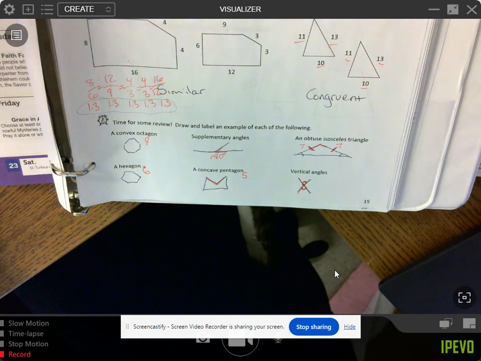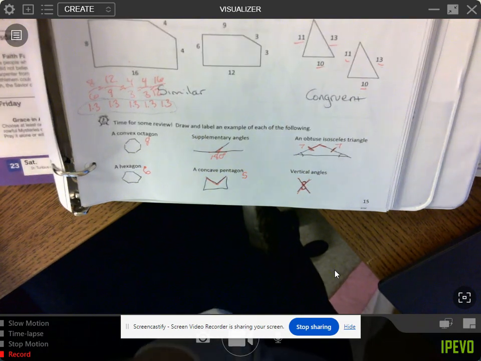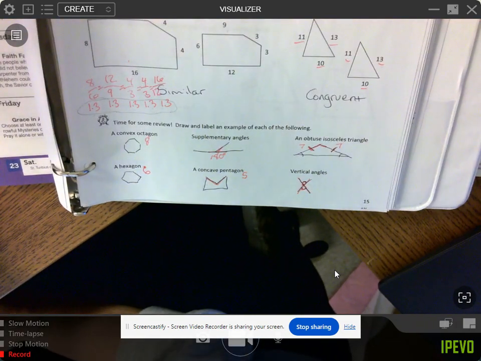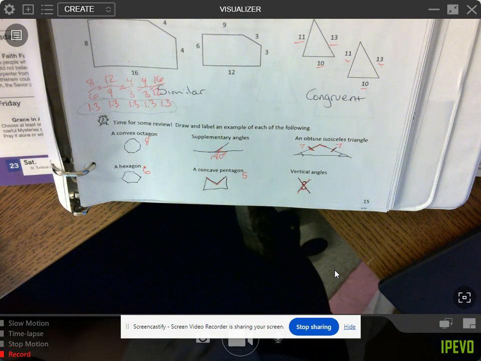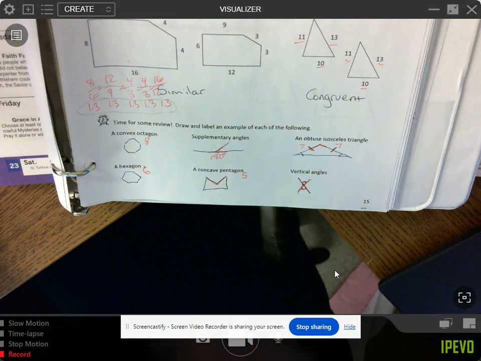We can review it in a small group. If you want to stay after Wednesday, you'll have taken the practice test, you'll have a good idea of the questions that you still have, so we can practice a little more so you feel confident for the test on Thursday. So I'll be here, and if you want to come, you're able to come.